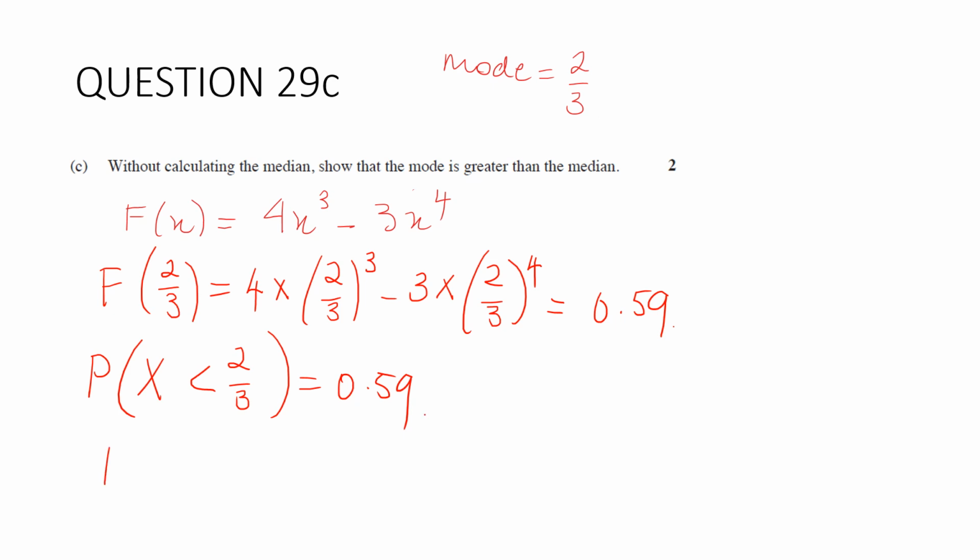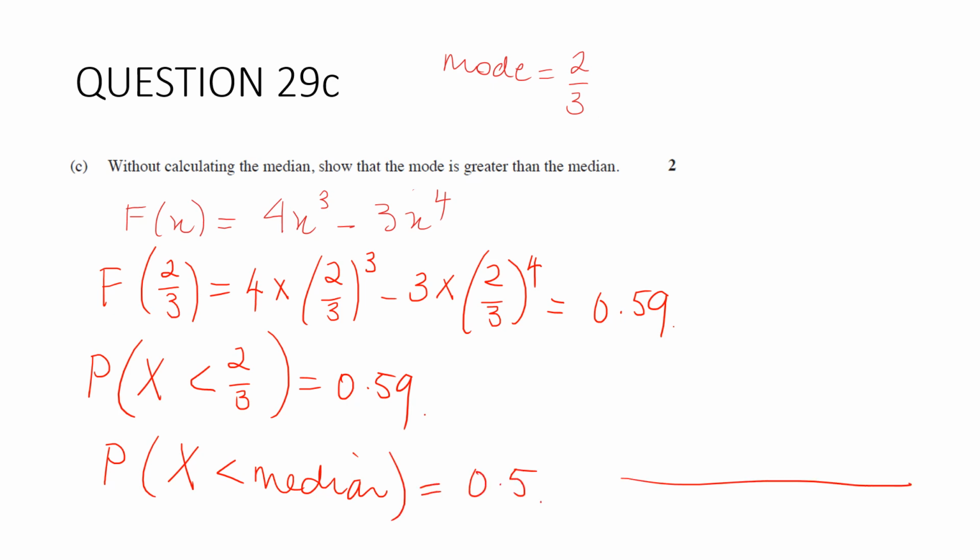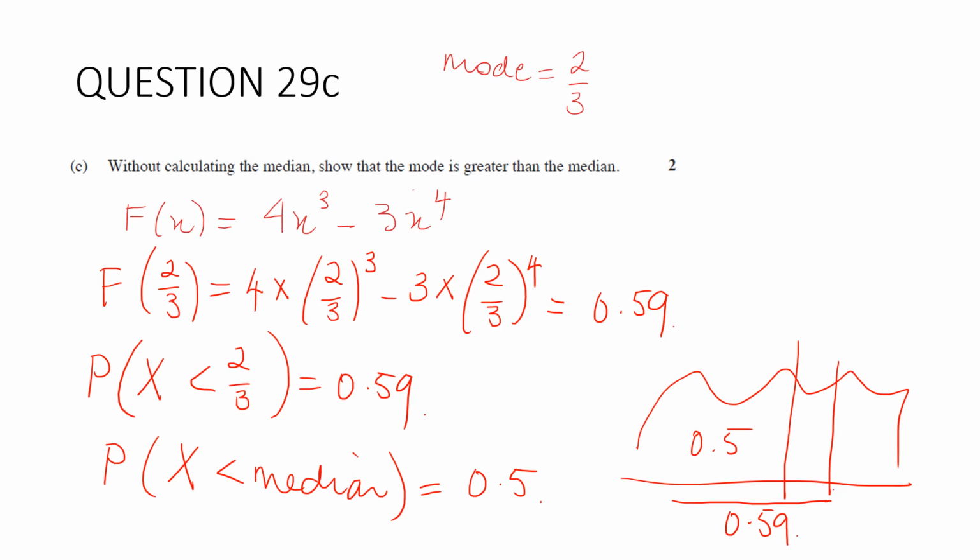Now, the probability that x is less than the median, which we don't know and we're not allowed to calculate, has to be 0.5. So if you've got some sort of probability distribution function here, and you've got your median, say here, and this is 0.5, and here you've got 0.59 for the mode, that's 2/3, then the mode must be greater than the median. And you'll probably have to write a sentence to explain that.